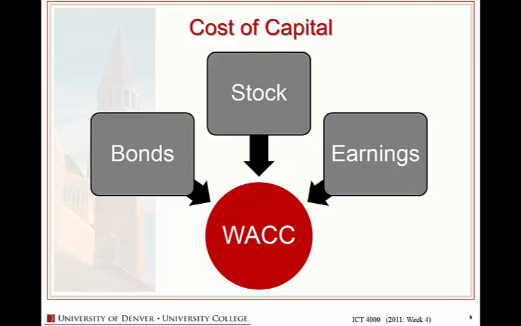The other thing you could do is go to the stock market and raise money by issuing stock. Investors will require a return for their investment, again expressed as a percentage, whether it's in terms of a dividend or in growth. There is an expectation that that stock will increase in value by a certain percentage.